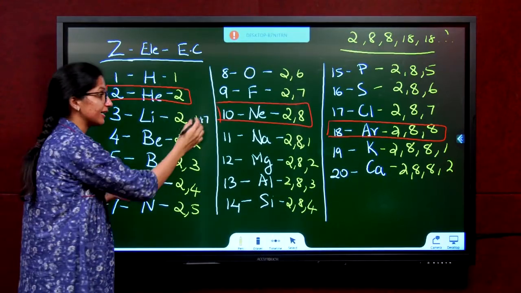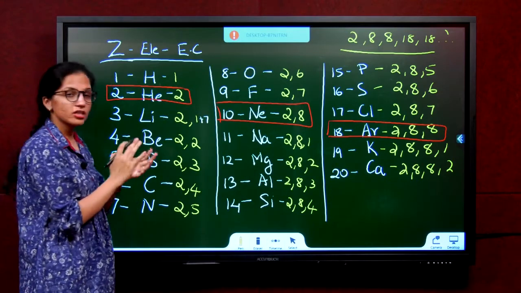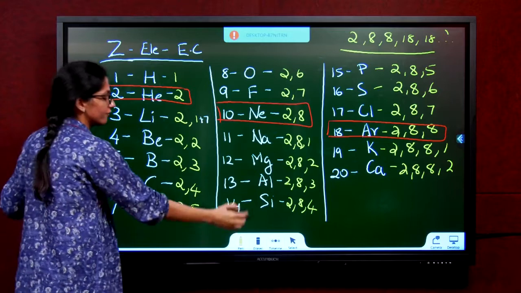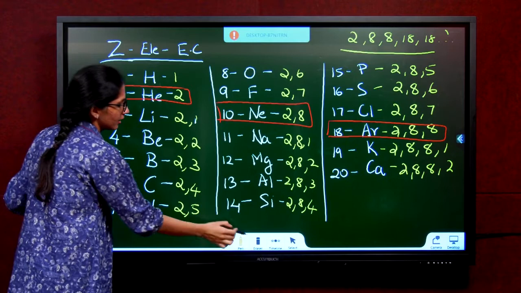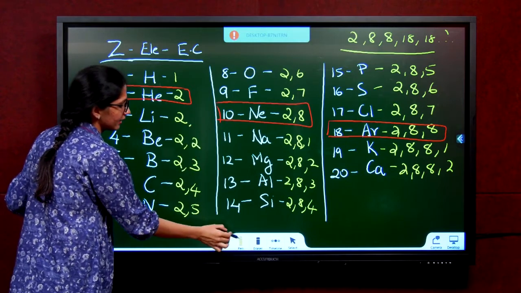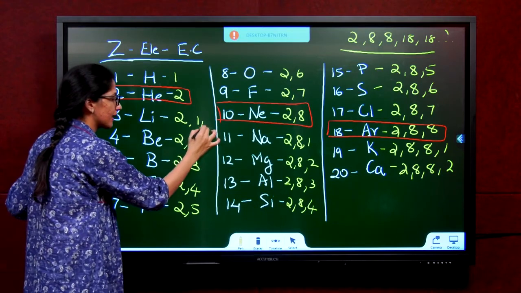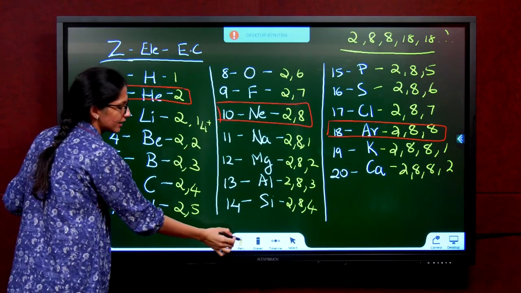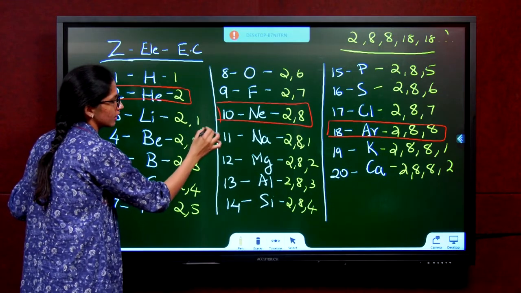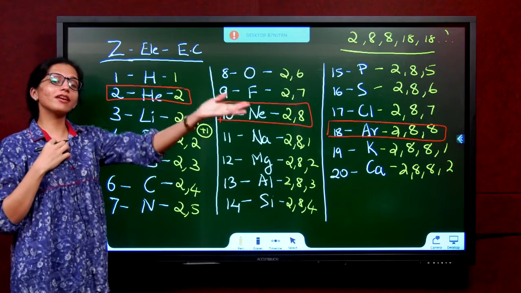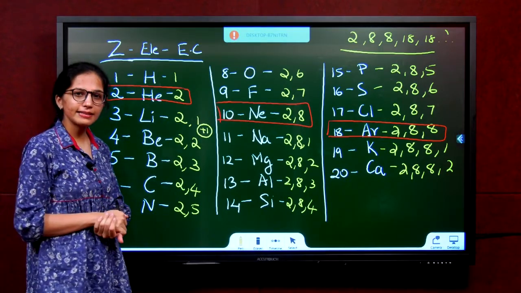If it takes, it has to take 7 to become 8. So it is better to give away that electron, which is why lithium easily gives away the electron and becomes Li+, or you can say the valency is +1. How +1? It gives away one electron and becomes +1. That is why the valency is +1.